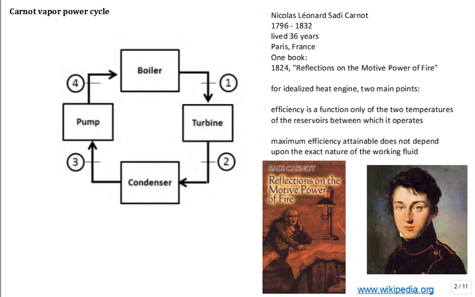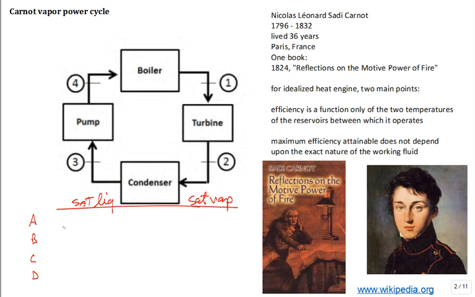So let me do this. We have a choice. I'll give you a pop quiz right here, right? So A, B, C, or D. And what I want to know is where is the condition of the fluid saturated liquid, and where is the fluid saturated vapor?